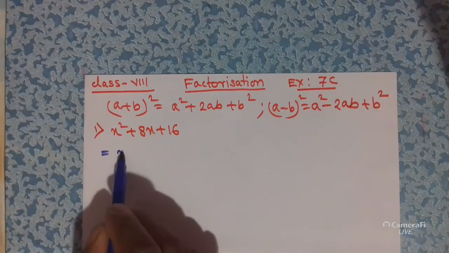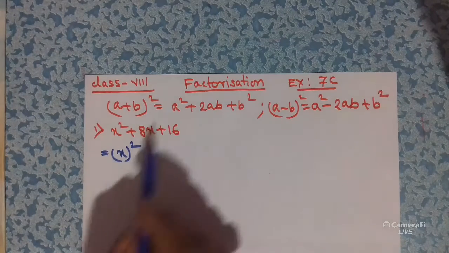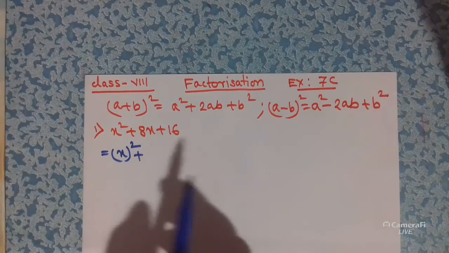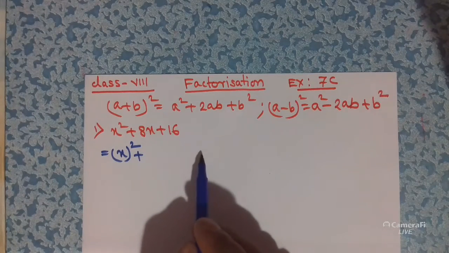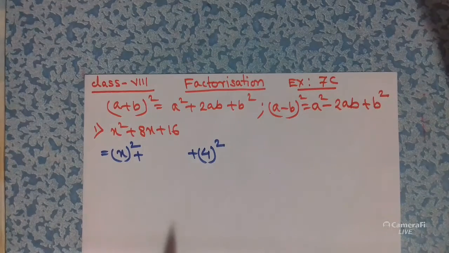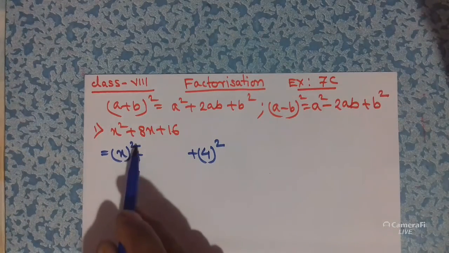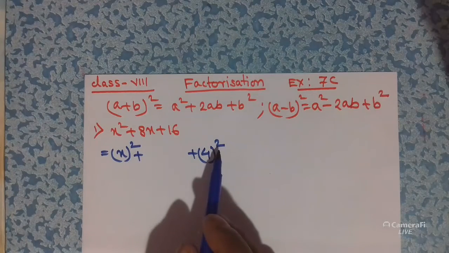So here we can write x square. It is in the form of a square plus, and it's better to first choose b square. So here we write 4 square. 4 square means 16, because 4 into 4. So x square and the last one is 4 square.